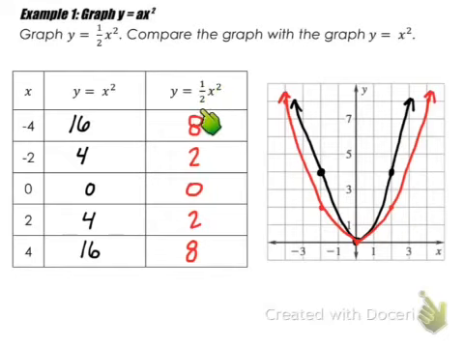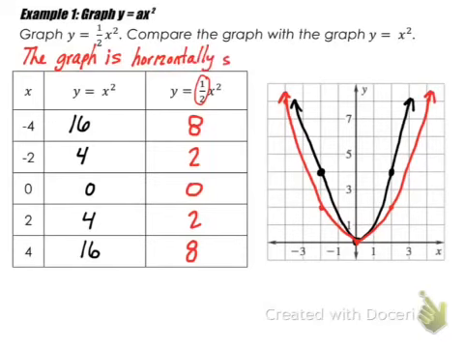Regardless of whether it's positive or negative, if this coefficient of x squared is a fraction or a decimal that's less than 1, your graph is going to be horizontally stretched. So when we compare it, we have that 1/2, we can say that the graph is horizontally stretched, period.